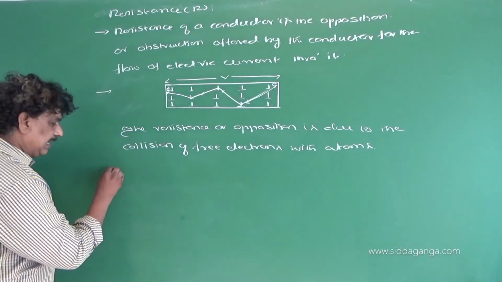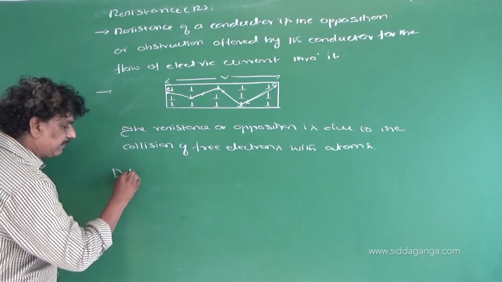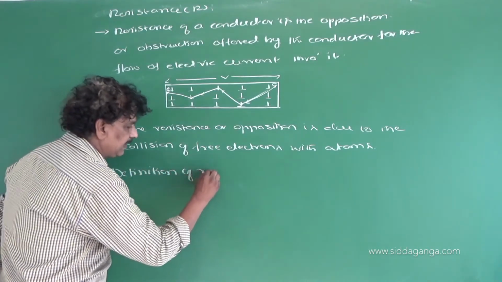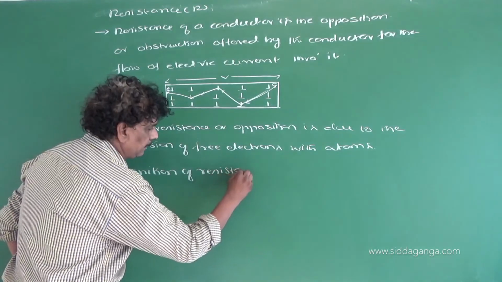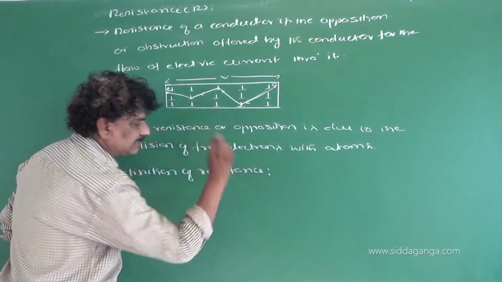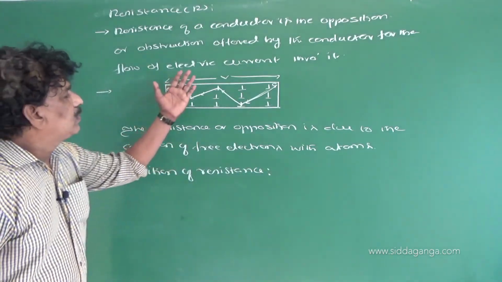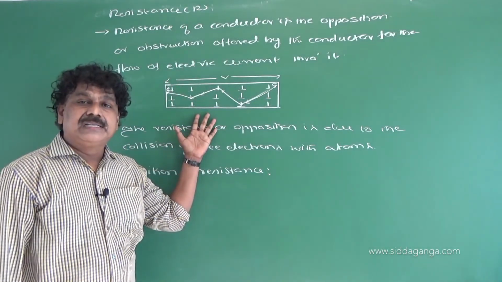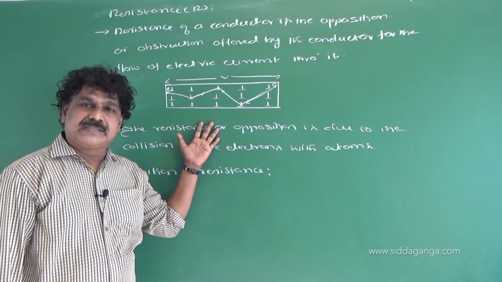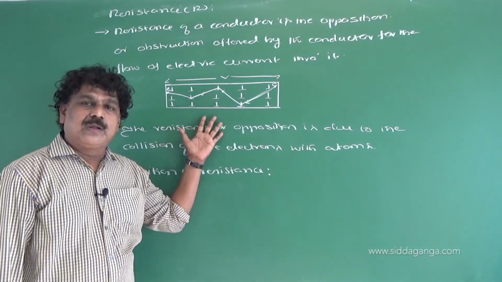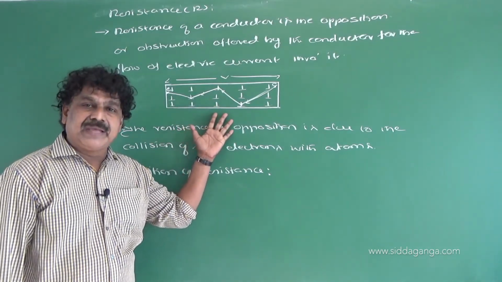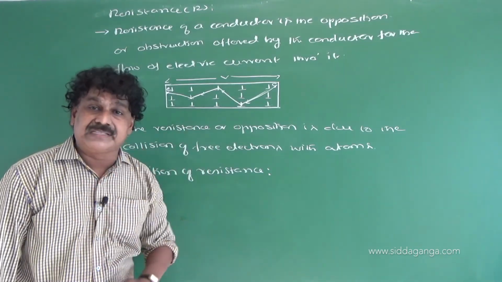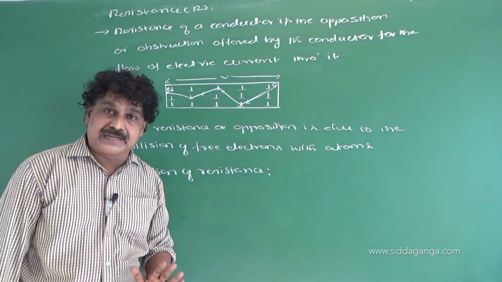Now, let us define resistance of a conductor. Definition of resistance. So far, what we have discussed is the meaning of electrical resistance. These statements do not give any right method of measuring the quantity of resistance offered by the conductor.